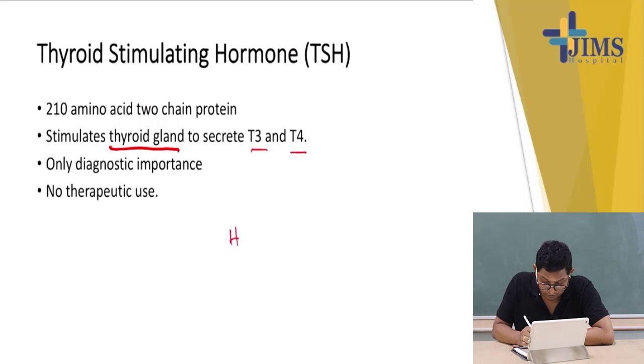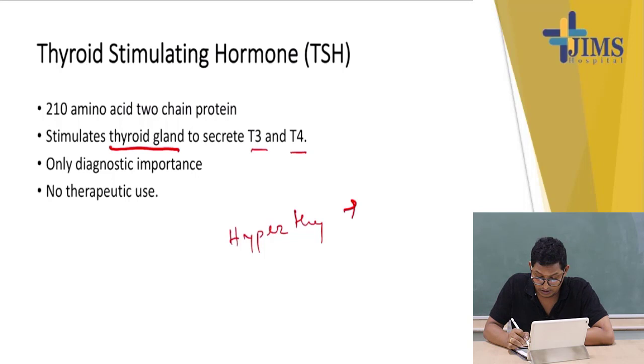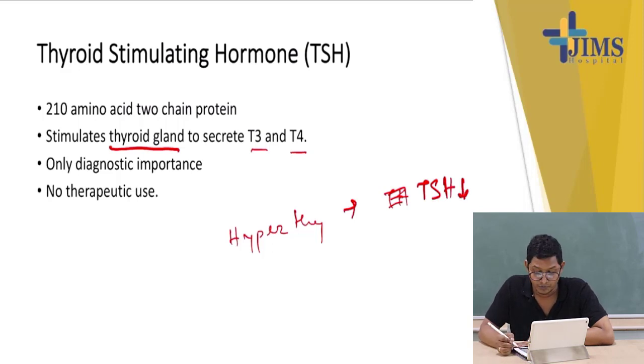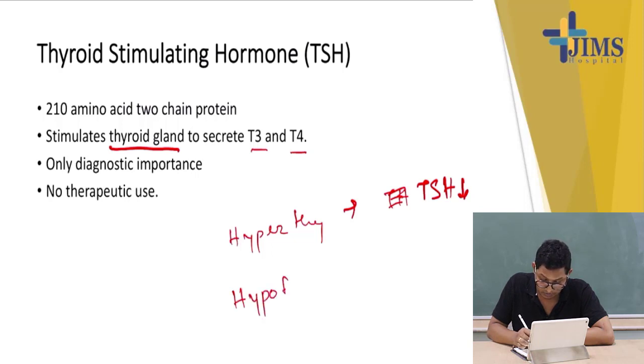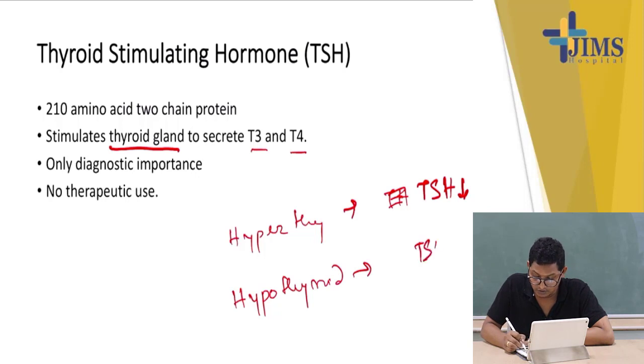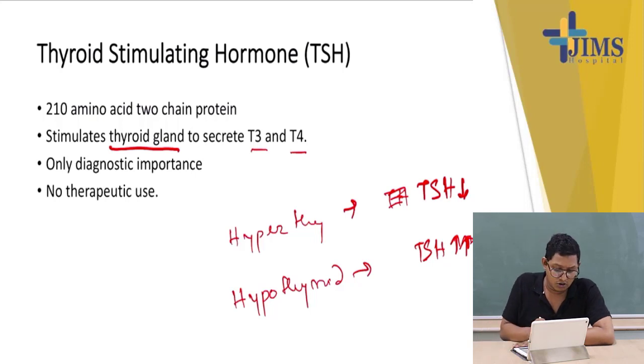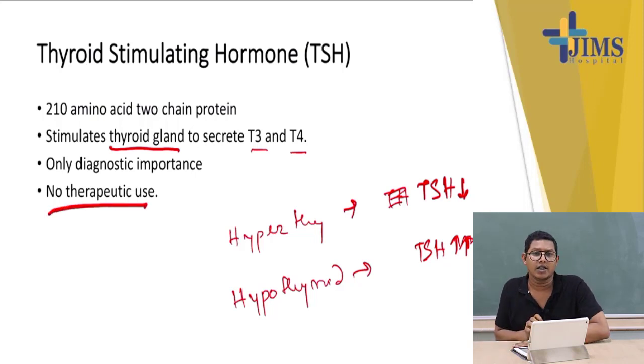In cases of hyperthyroidism, the TSH levels will be low, and in cases of hypothyroidism, the TSH levels will be high. So this only has a diagnostic importance. It does not have any therapeutic importance.